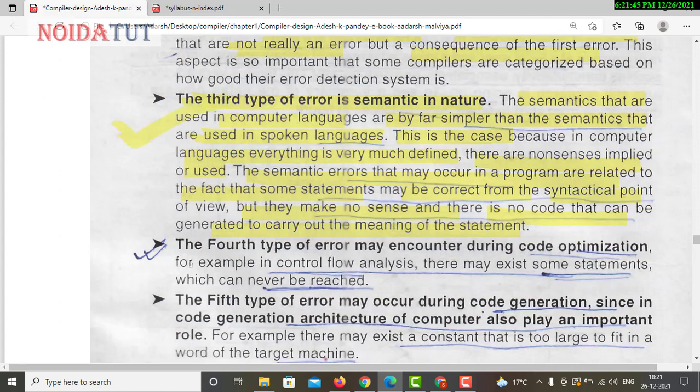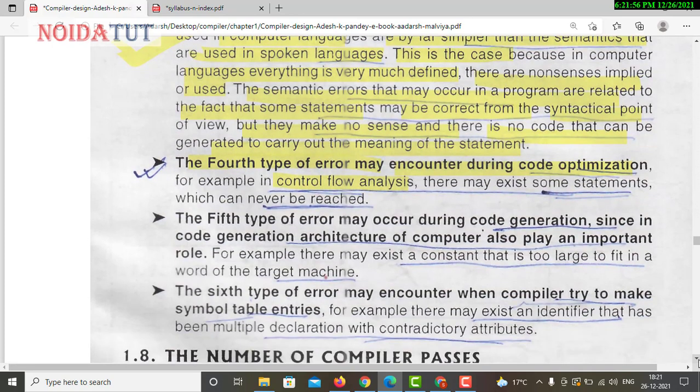Now proceeding further, the fourth type of error, which we encounter during code optimization, is control flow analysis. What is control flow analysis? That means in which flow our program is moving. There may exist some statements which can never be reached.